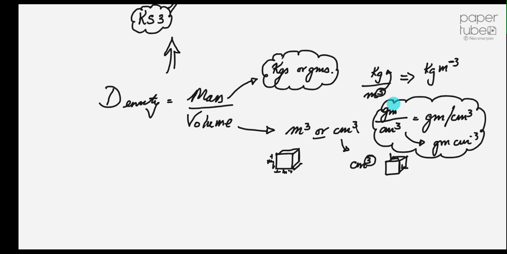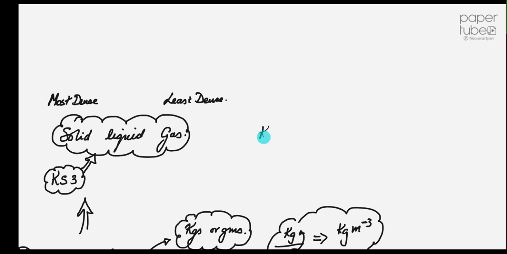Now, there is a conversion from one to the other, and we will do it. You can change kilograms per metre cubed to grams per centimetre cubed. You simply divide by 1,000. Now, if you're doing A level, I'll explain why, but you're not doing A level, so I'll not explain why. To change grams per centimetre cubed, you multiply by 1,000.